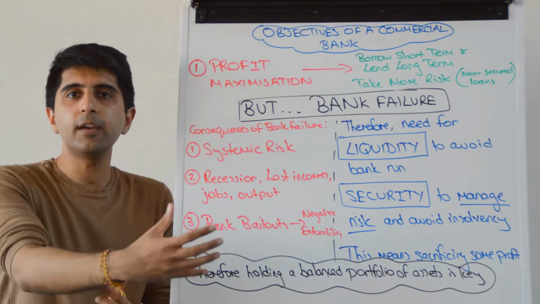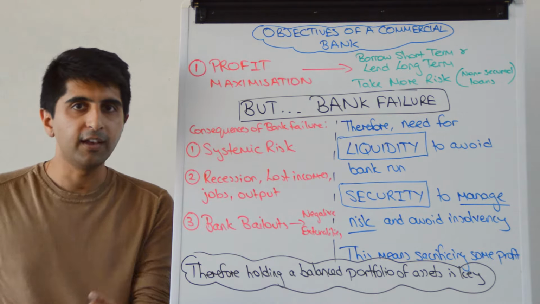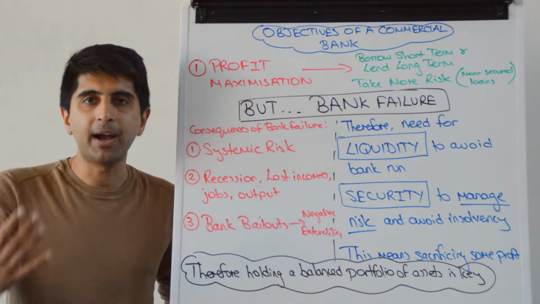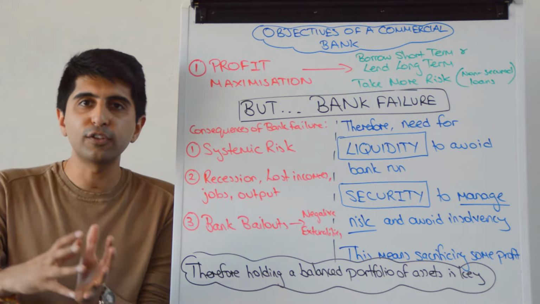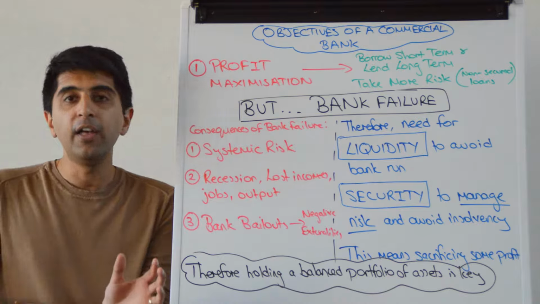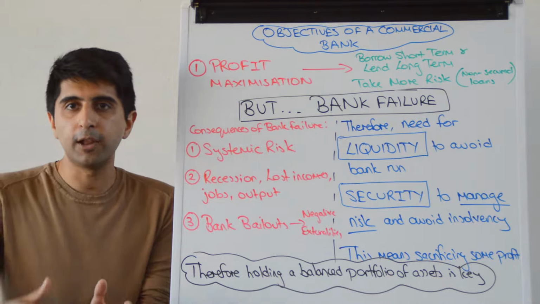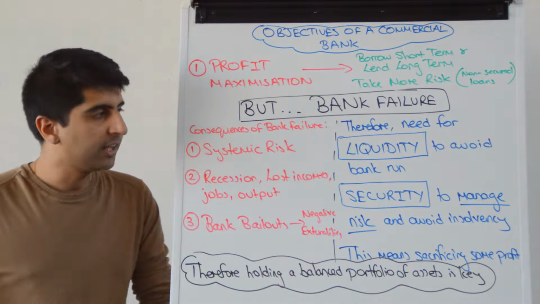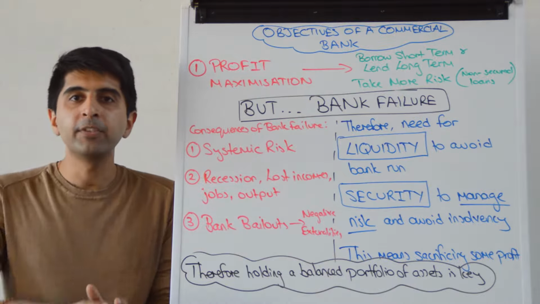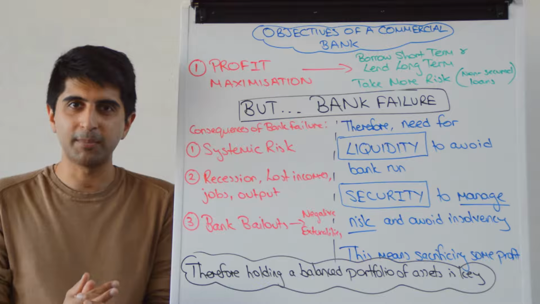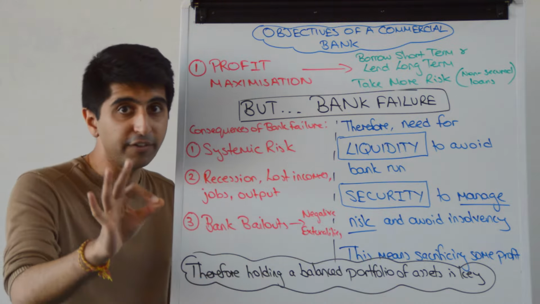So for example, reserves at the Bank of England, you'll only get bank rate. If you lend in the interbank market, you only get LIBOR, and LIBOR, the London interbank offer rate, tends to follow the bank rate, which will be much lower than if you offer longer term loans, which give you a much higher interest rate. So you sacrifice a bit of profit to keep short-term liquidity, to make sure you can meet your short-term liabilities to prevent a bank run. Fine.